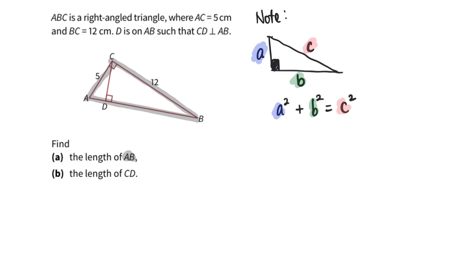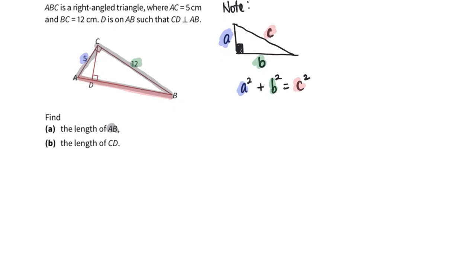Okay, so do take note also, the length A and B make the right angle triangle, and this length will be my C. So you will see Mr. Tan for this particular question writing this down.